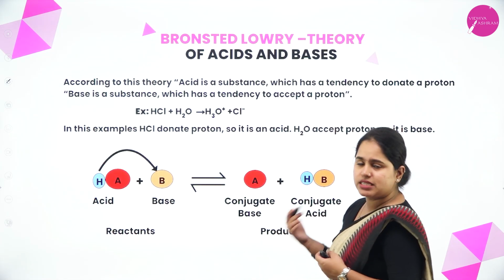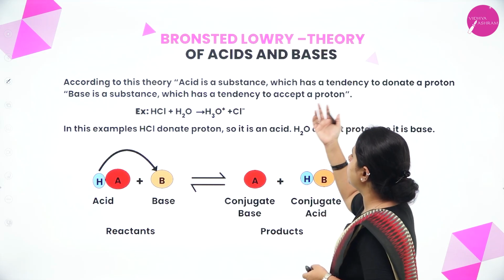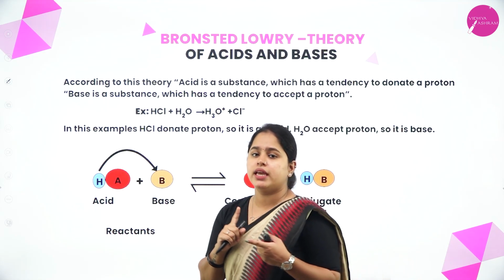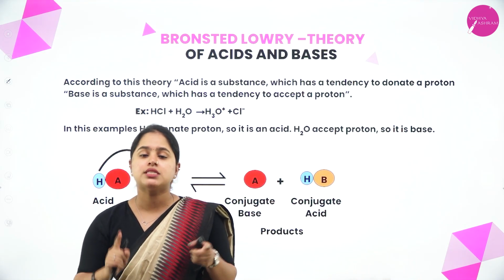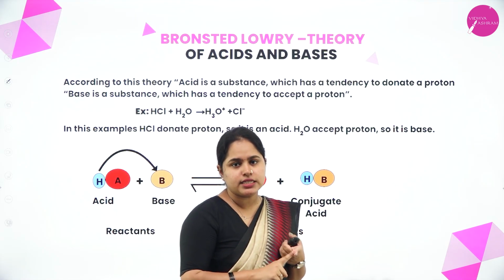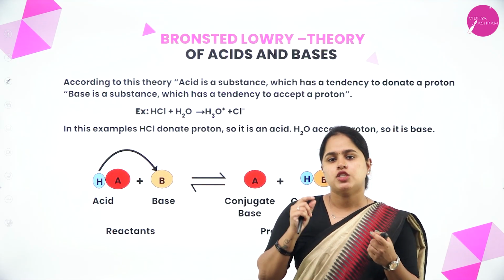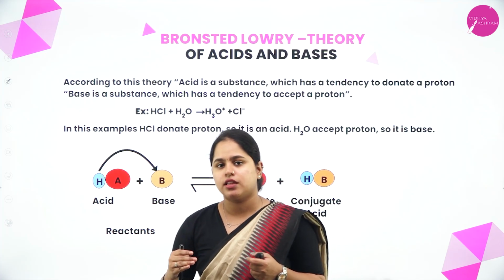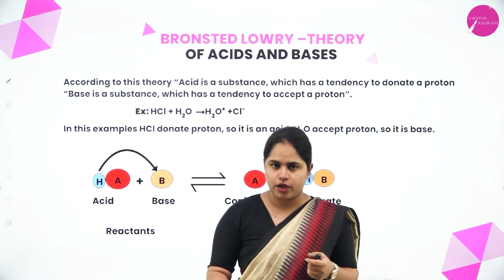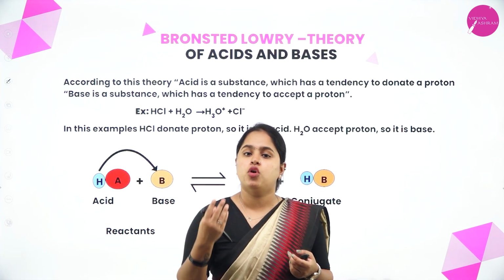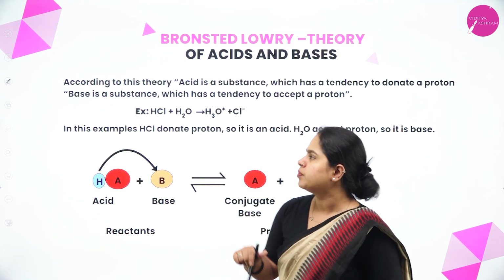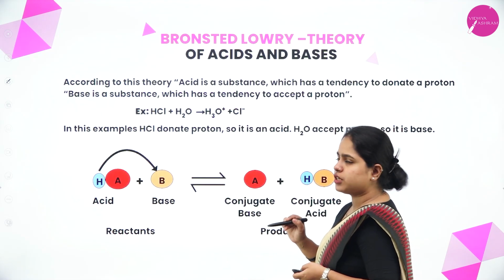Now moving on to the next theory, that is Bronsted-Lowry theory of acids and bases. Just to recap, the first one was Arrhenius theory, according to which acids are the ones which can donate H plus ions and bases are the ones which can donate OH minus ions. Now moving on to Bronsted-Lowry theory.